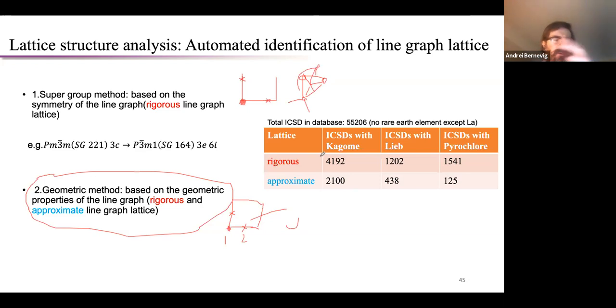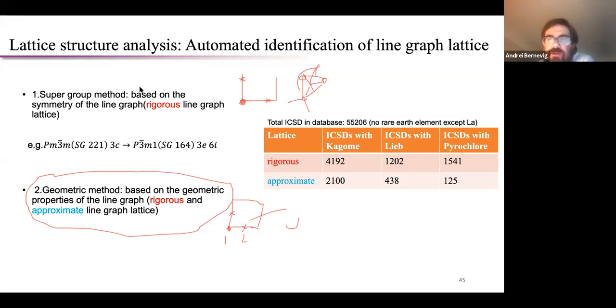So I have Kagome triangles which are a little bit distorted. You can still find that there's going to be a Kagome structure, but it's just approximate. So you can devise obviously geometric methods to look for these types of situations.